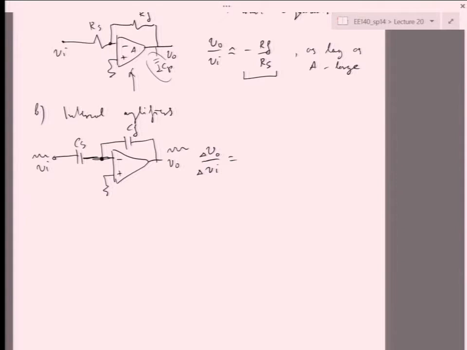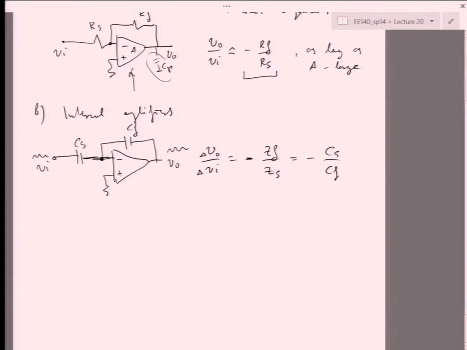Delta VO over delta VI is like a small signal AC input, and you have AC output. Yeah, so it will still be the ratio of minus ZF over ZS, which is then minus CS over CF, right?